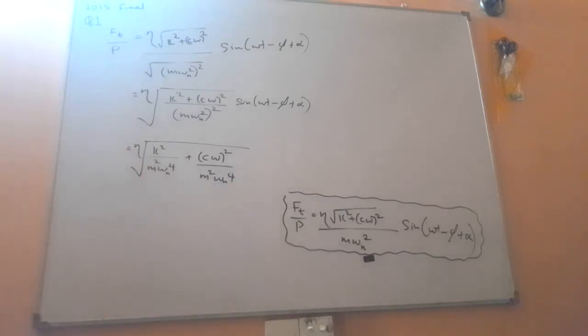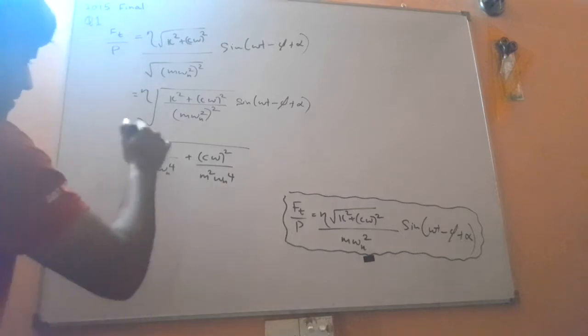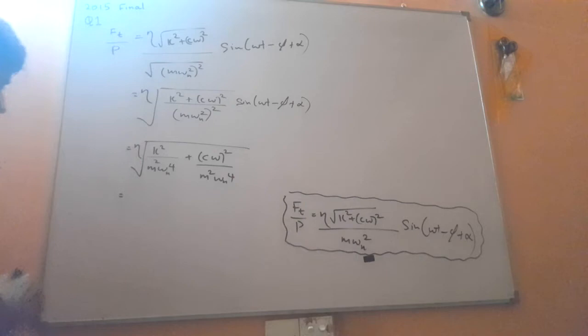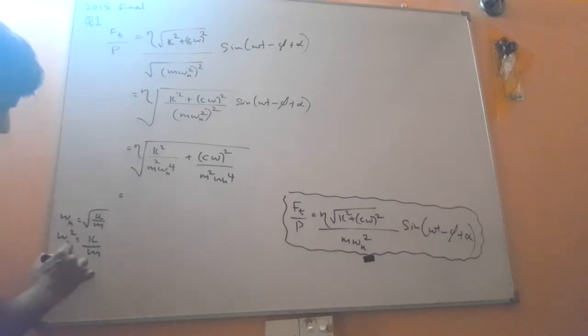So then we know that omega n equals root k by m, we know that, right? So then what is omega n squared? It is k divided by m. So then what is omega n to the power 4? That is k squared divided by m squared, right?